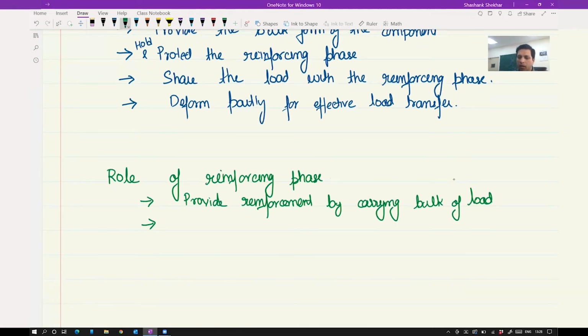Whenever we put in the secondary phase or the reinforcing phase, we expect that it bonds well with the matrix. If it does not bond well, then it will not be able to carry the load. So the other secondary role of the reinforcing phase is to ensure good bonding with the matrix.